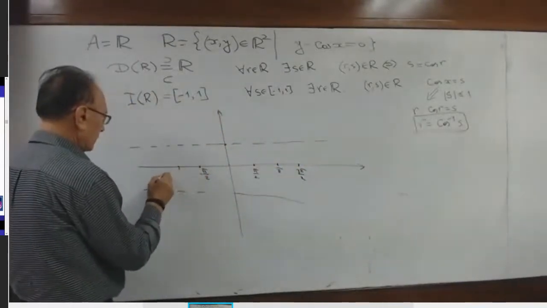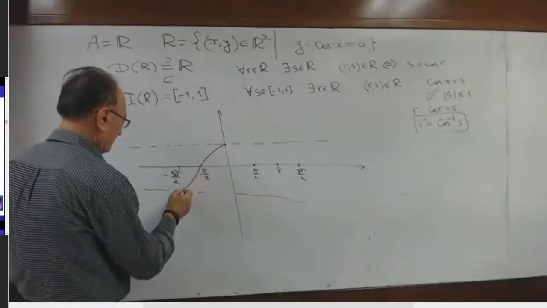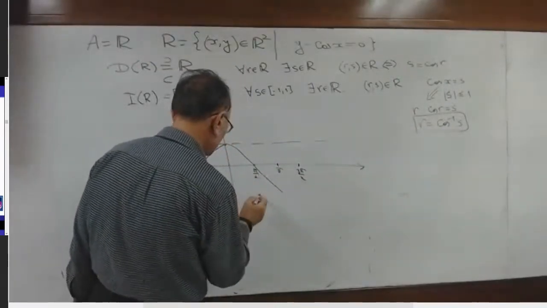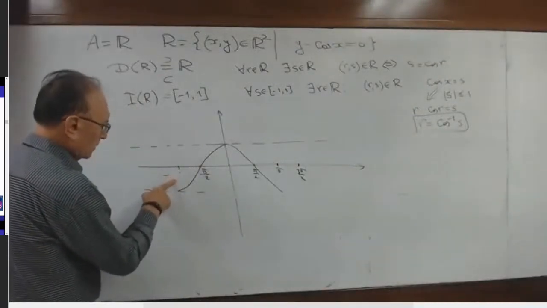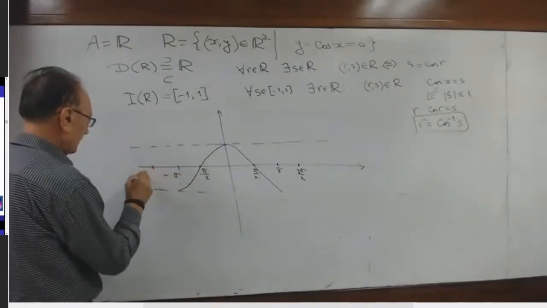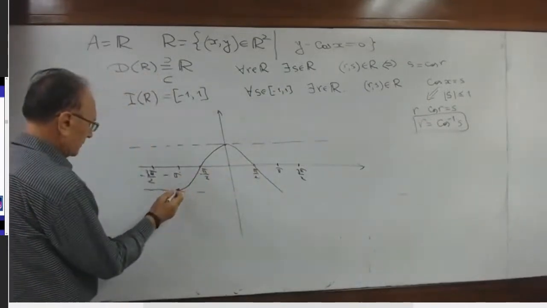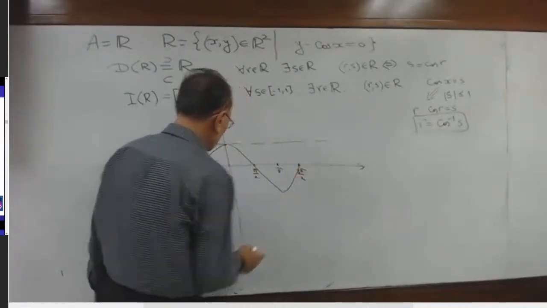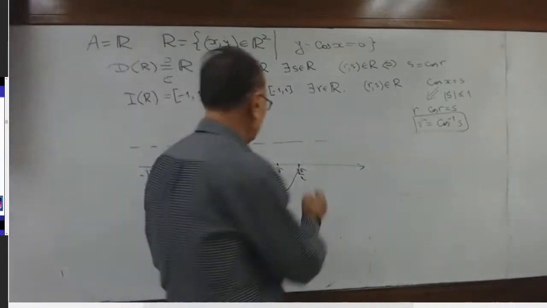Here minus 3 pi over 2. Oh, sorry, here minus pi, then minus 3 pi over 2. This goes up, so this is exactly the cosine function graph.